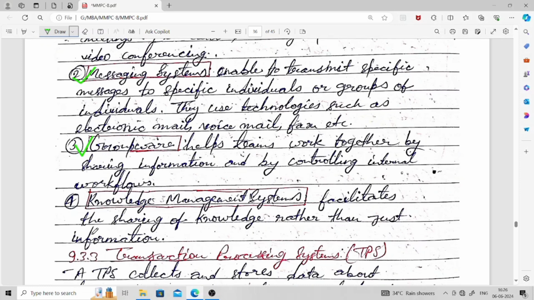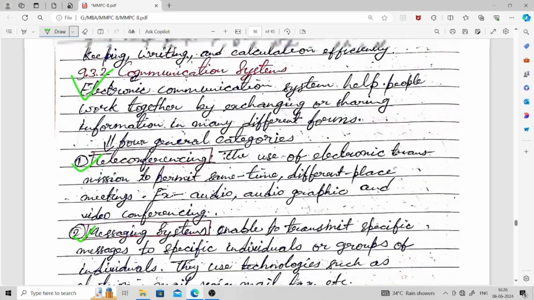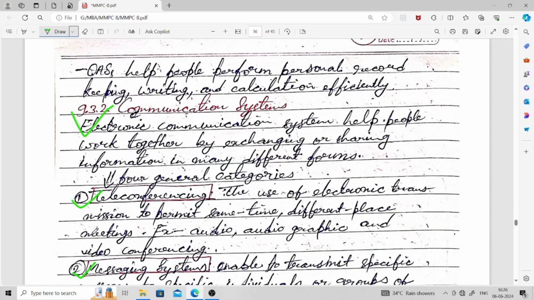So groupware is used by teams to work together by sharing information. It means team members can share information by using groupware and can also control internal workflows. So these are different kinds of communication systems.